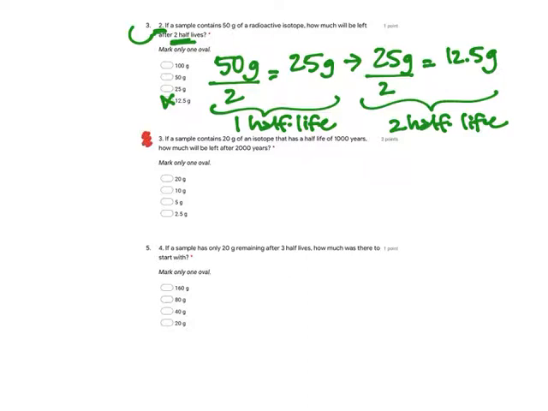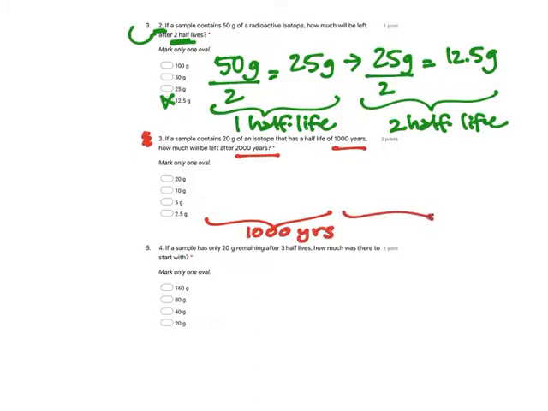If a sample contains 20 grams of an isotope that has a half-life of 1,000 years, how much would be left after 2,000 years? So this problem gives us information in a different format. We know the half-life, the time it takes for it to undergo one half-life, is 1,000 years.